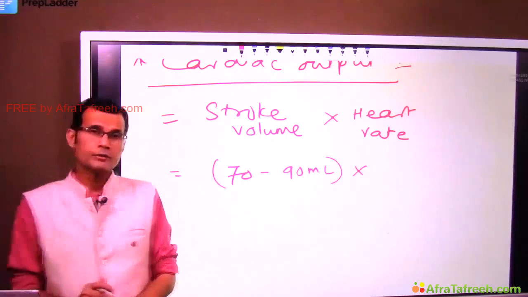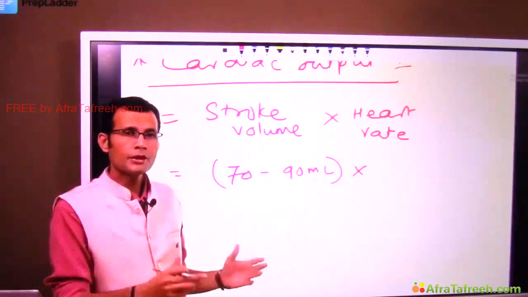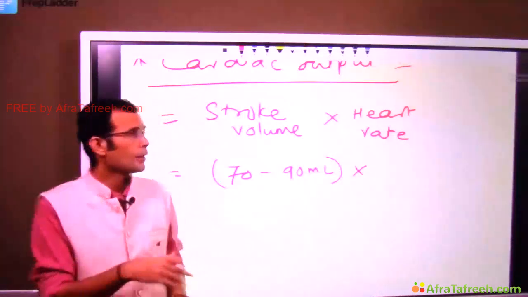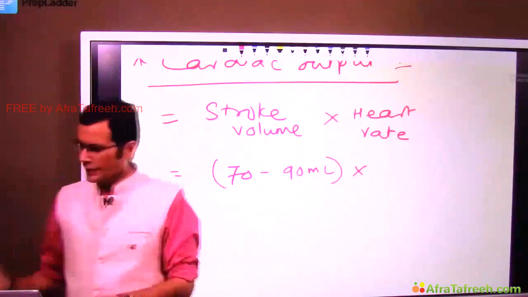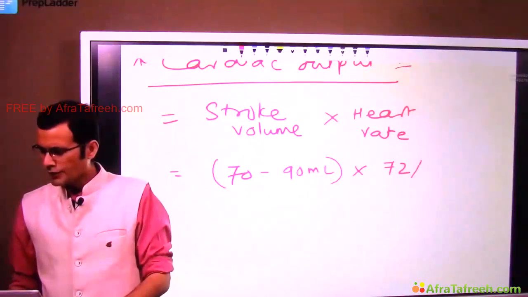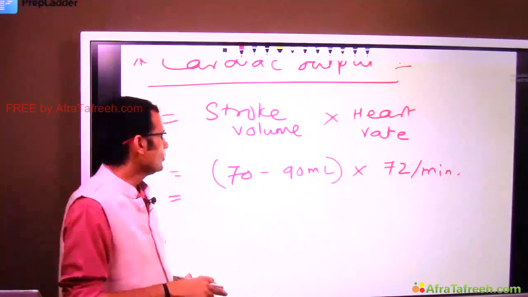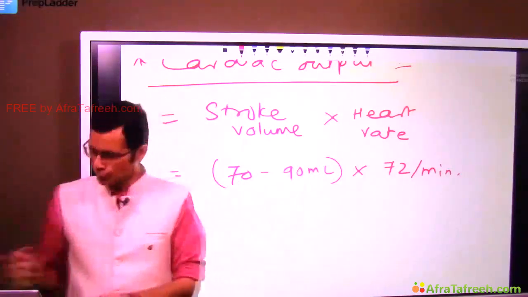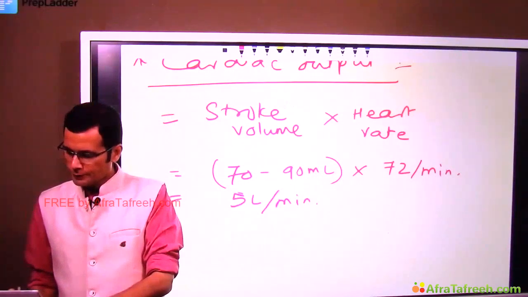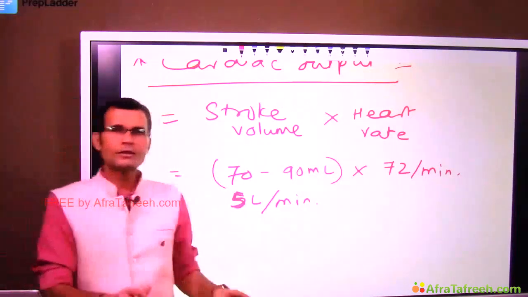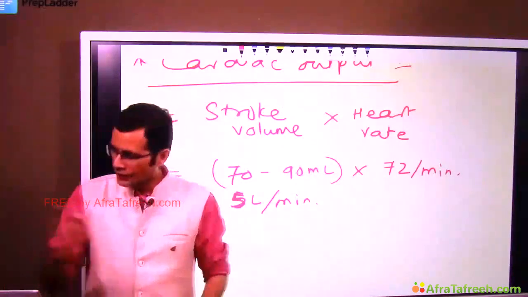The left ventricle will pump out about 70 to 90 ml of blood in each systole. And heart rate is the number of beats per minute, how many such beats occur every minute. That's about 72 beats per minute. Let's take the average value. So 70 into 72 is roughly about 5 liters per minute. That's the normal baseline cardiac output at rest.